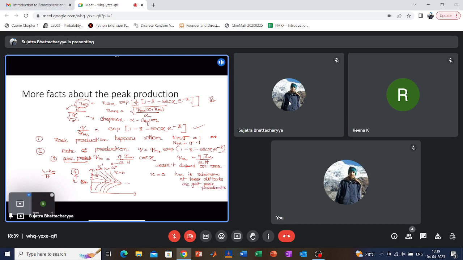And as χ increases, we can see that this H_M also goes up. Another thing, this is the Q by Q naught. You should remember this. Q naught means Q_M.